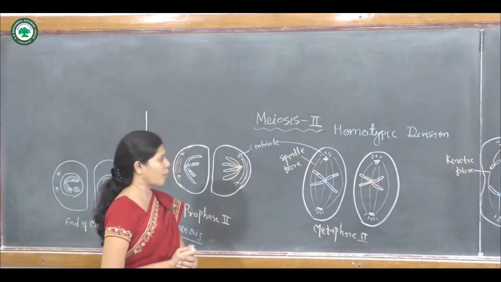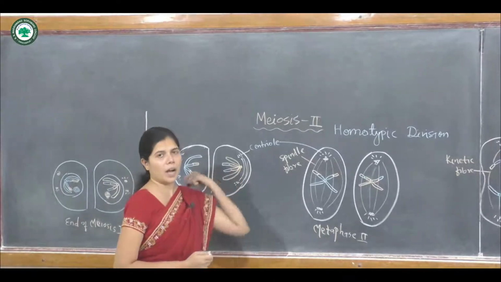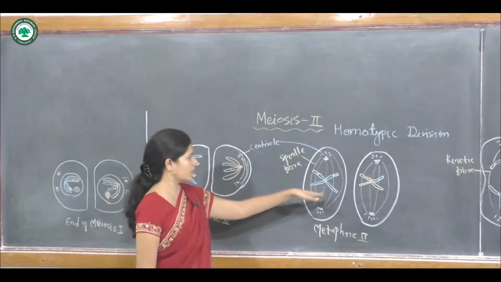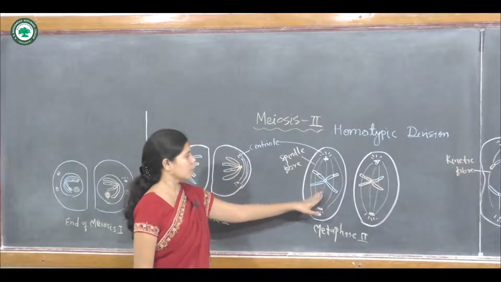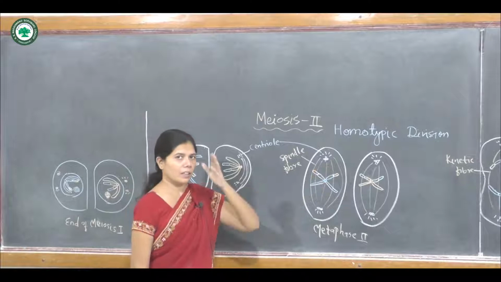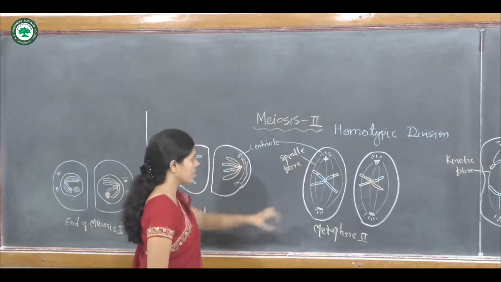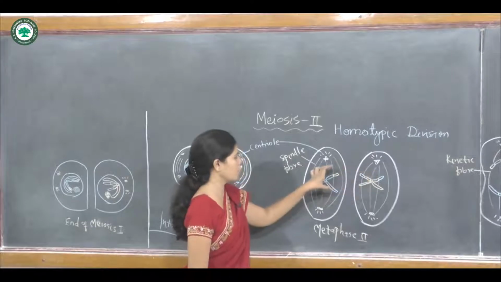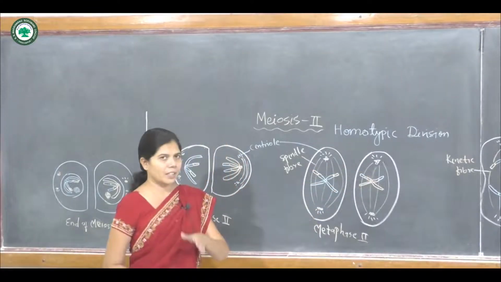On that spindle fiber the chromosomes are arranged, present at the equator, in the middle.